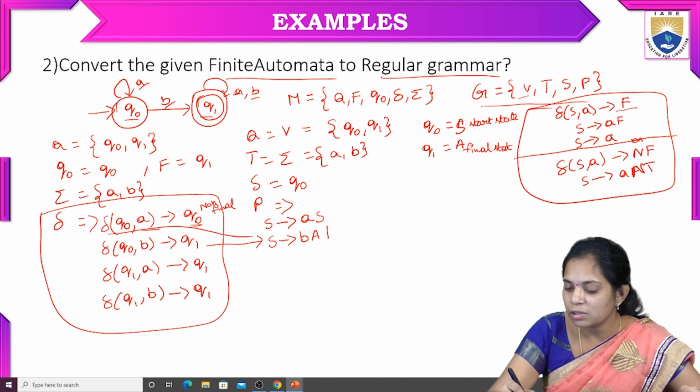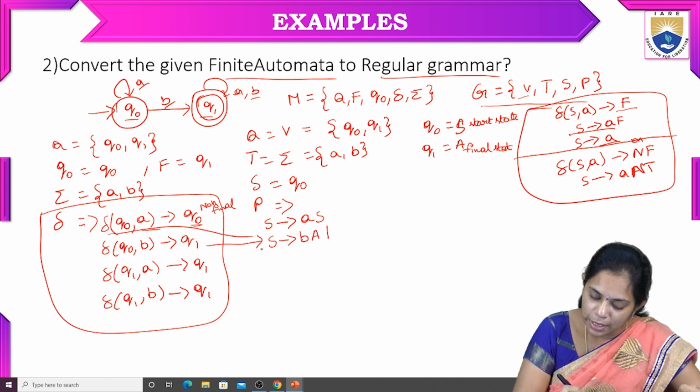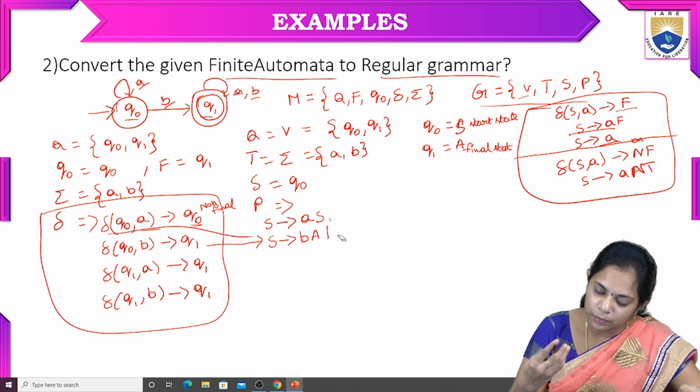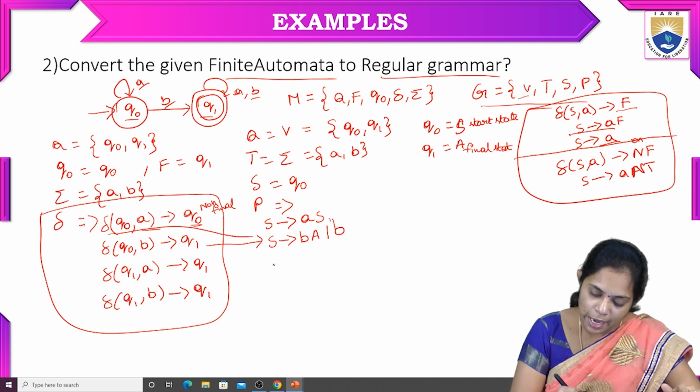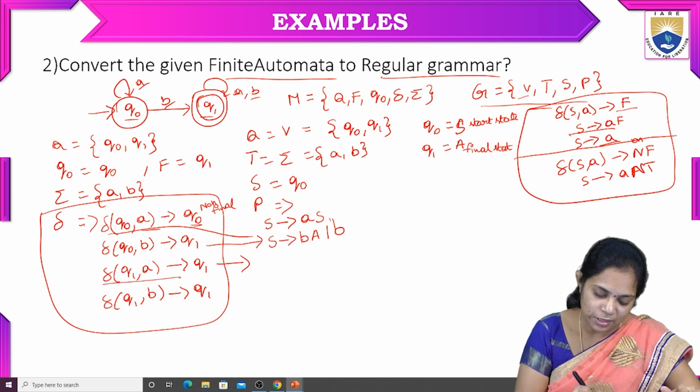So when it is reaching the final state, we have to write two productions. What are those? S tends to A with the input symbol b, and S tends to b. We have to write the production rules like this, for this kind of transition function.